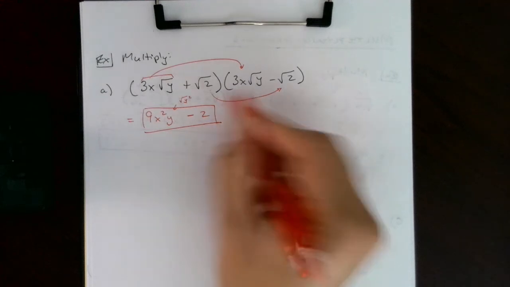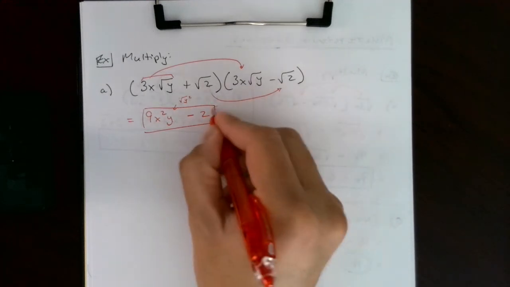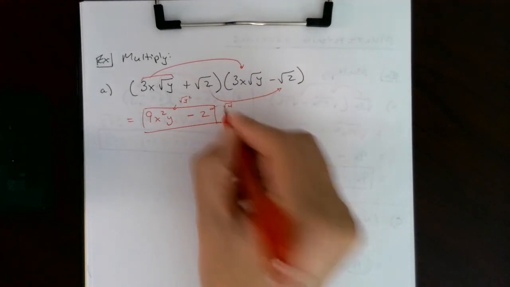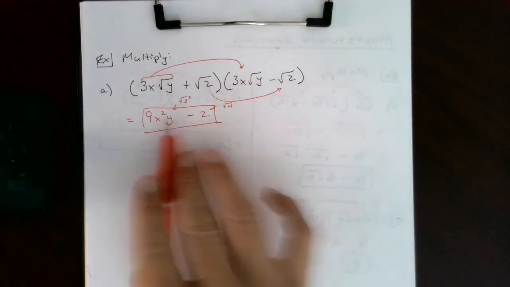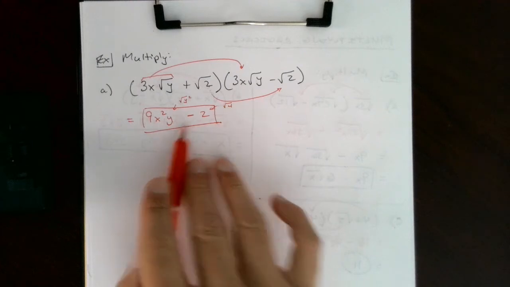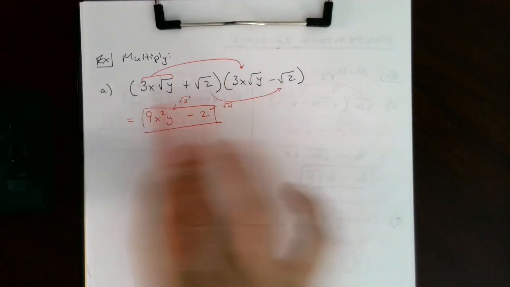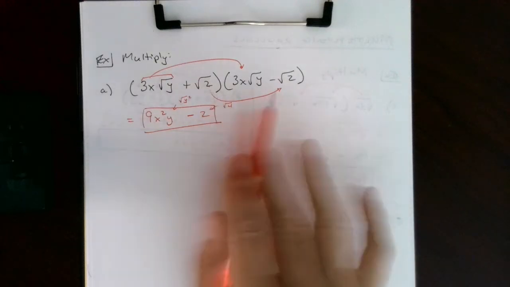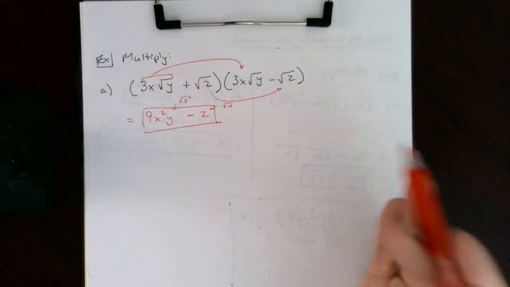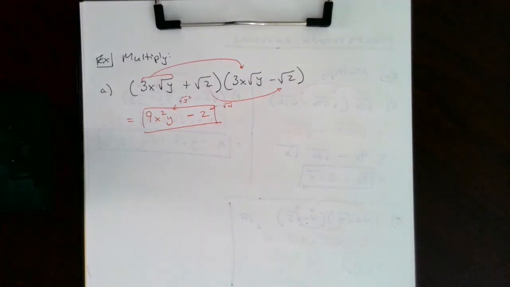Remember, the minus 2 is really because square root of 2 times square root of 2 is really the square root of 4, or it's the square root of 2 squared, however you want to say that. But these simplified down. I just did it within the steps. When you multiply conjugates together, multiply the first, multiply the last, the middles are going to cancel. Now if you didn't do this and you foiled it, you'd still get the right answer. You'd just be doing the extra work in the middle that just cancels out.